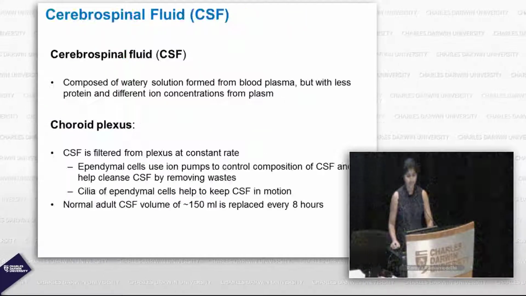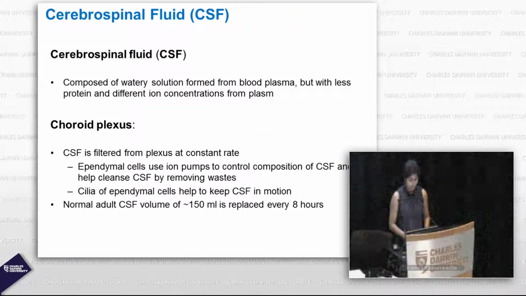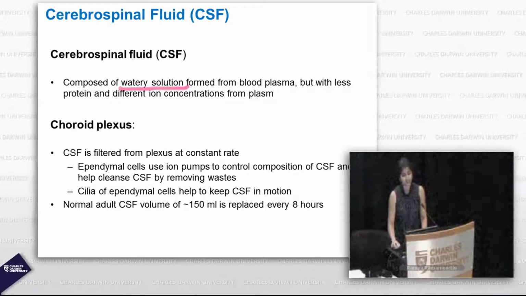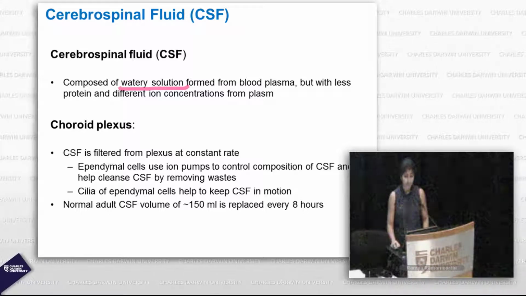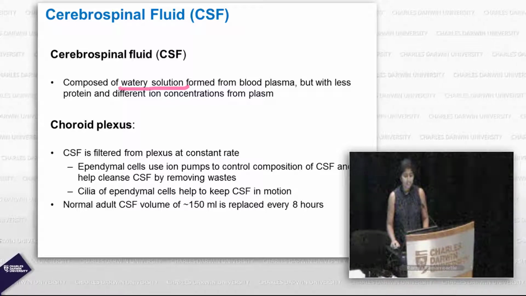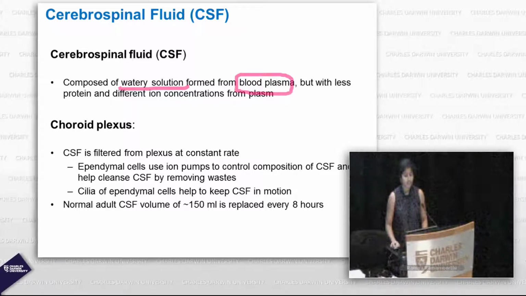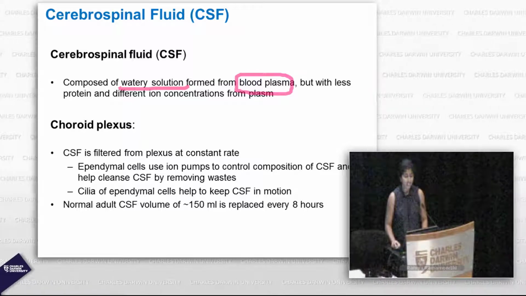Cerebrospinal fluid is more or less a watery solution similar in composition to blood plasma, but the proteins in the CSF are a little less than in blood plasma, and the ions are also altered in composition.